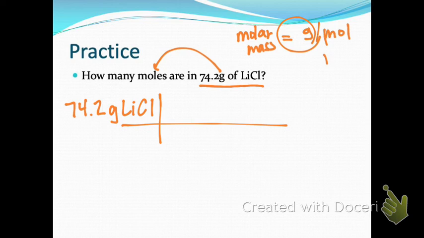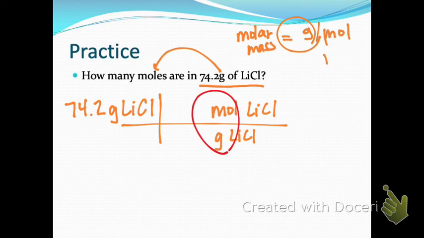So I'm going to get rid of grams by putting it on the bottom, just like we have in all of our T-charts, and I'm going to go to moles of lithium chloride. This looks very similar to a regular unit conversion that we do. But now we've got to figure out how we put the numbers in. This right here is grams per mole. There's our unit for molar mass, grams per mole.